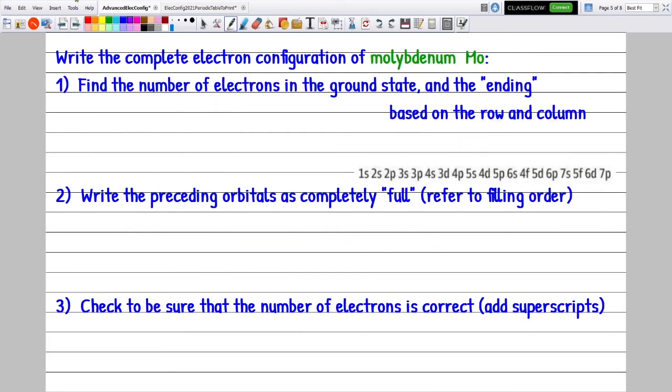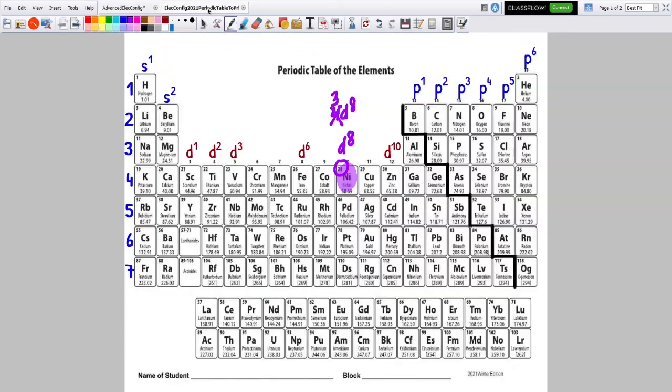Let's try molybdenum. Molybdenum is all the way over here. And looking at the row number, molybdenum is in the 5th row. But we have to remind ourselves the row number for d orbitals, technically the energy level, is 1 less than the row.